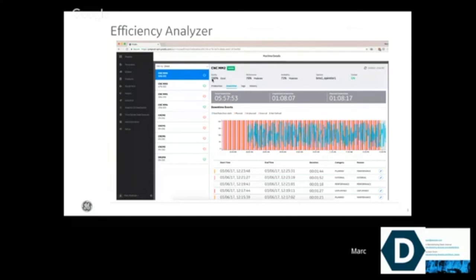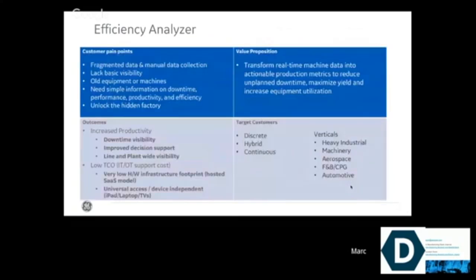For Efficiency Analyzer, it really does the same thing for machines, so that I can monitor when it was planned to go down, when it actually went down, and what the reasons were. I get a good sense of how efficient those machines are. In terms of customer pain points, right now, making a machine into a sensor-enabled device and getting that context is a really hard process that takes a lot of time.